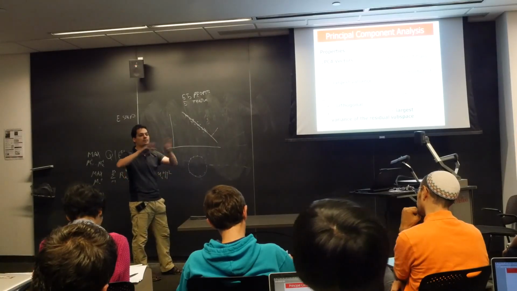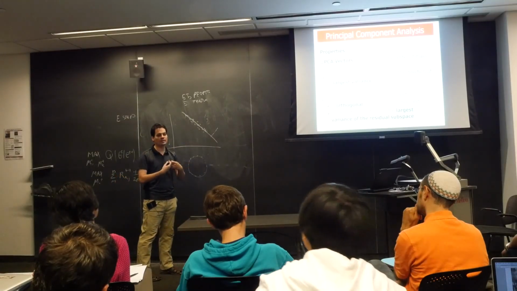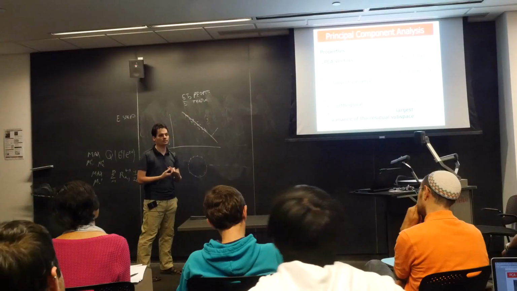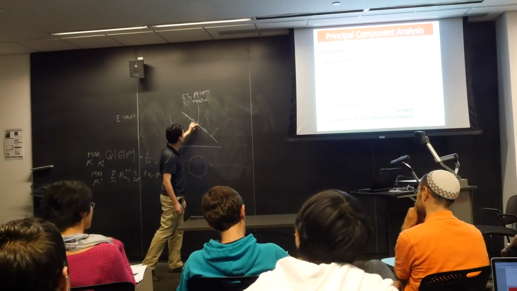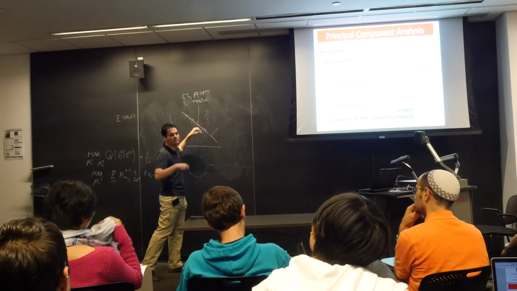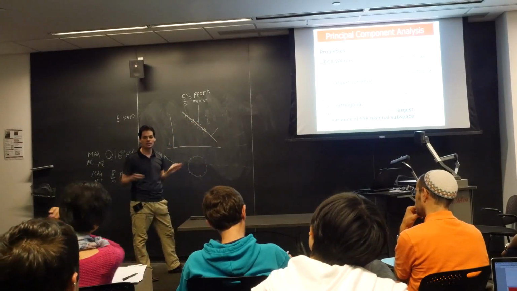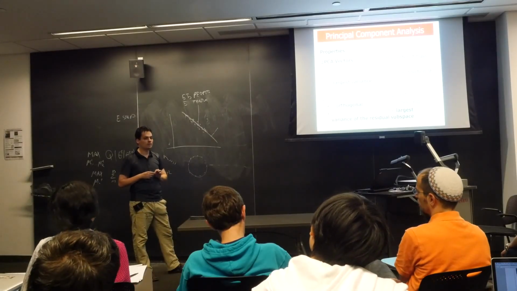Okay, so let's simplify our life and assume that I got the data set and I subtract the mean of the data set. From now on we will assume that the mean of the data points is at the origin of my coordinate system. So from now on that's our assumption.